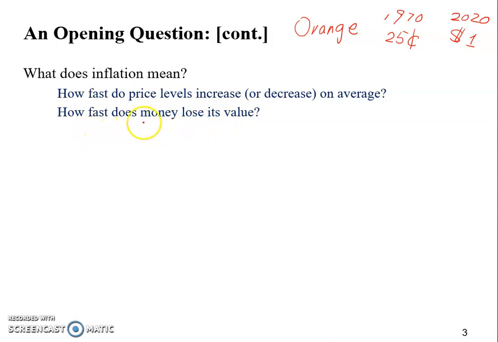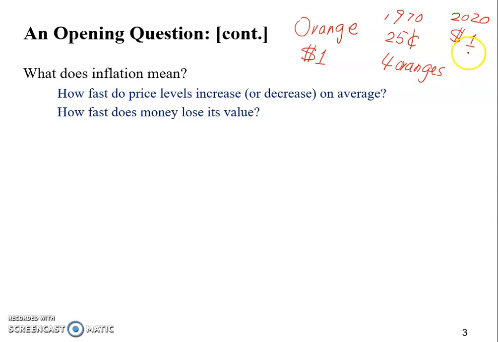The second one, how fast does money lose its value? So here we're going to look at, for example, $1. How many units of goods and services can we purchase? Again, we continue using orange as an example. In 1970, if the orange price is 25 cents, with $1 we can buy 4 oranges, right?